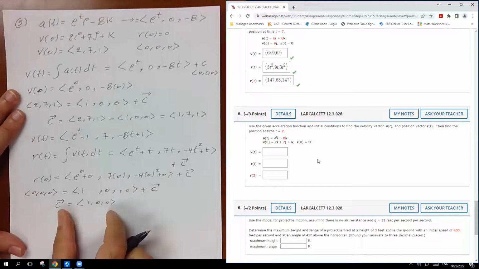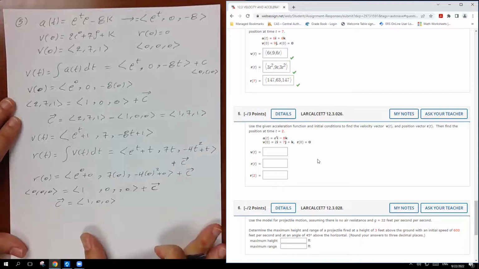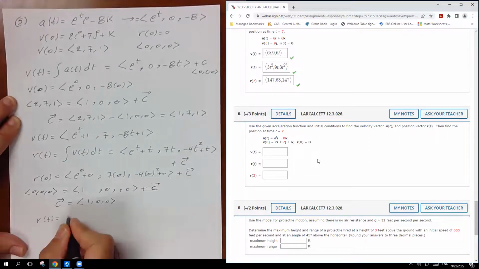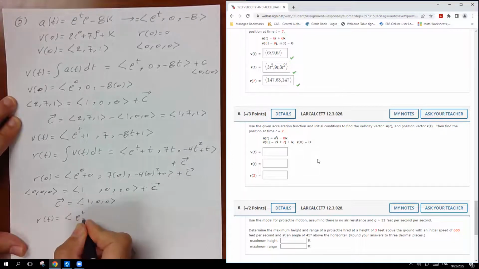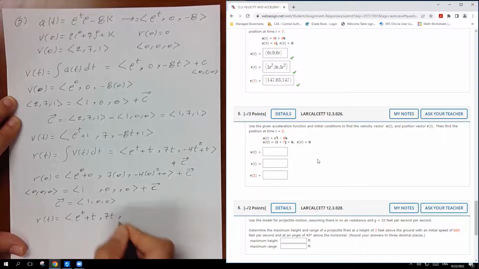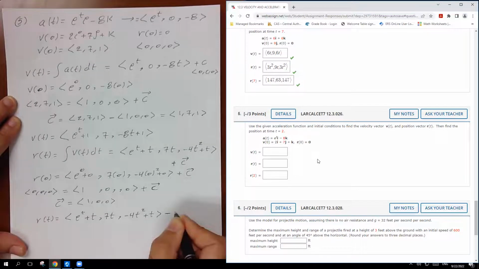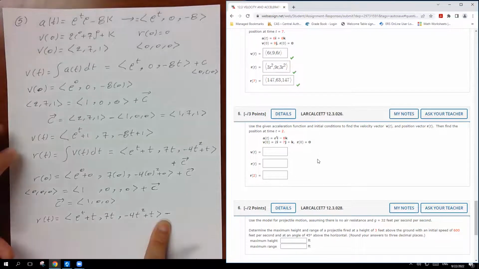We're going to add this one to the position vector. So our position vector is going to be e to the t plus t, and 7t, and negative 4t squared plus t. Everything is minus 1. Oh, you're going to add negative 1 because here's the negative 1.